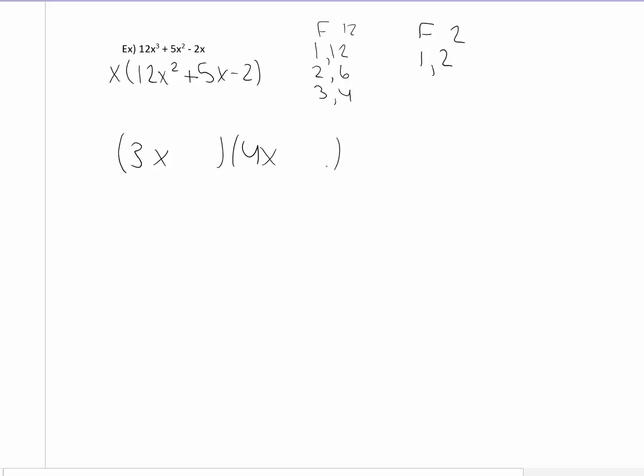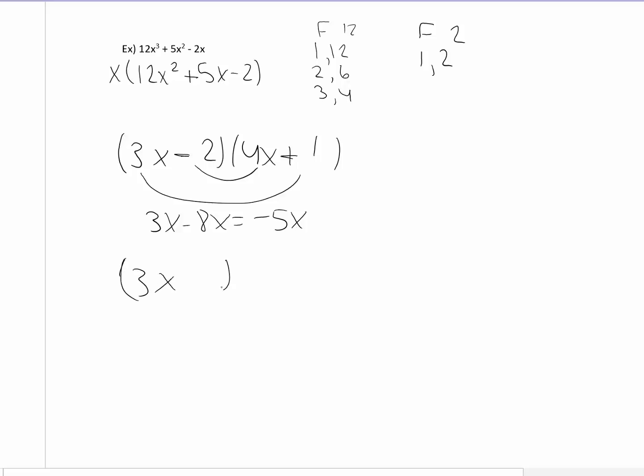Now, we need to determine signs. Well, because the constant is negative, that means one of the factors has to be negative and the other one has to be positive. So I am going to try 2 and 1. Let's do the outer and the inner. Now, notice the right number, the wrong sign. If that situation ever comes up, it's a very simple solution.